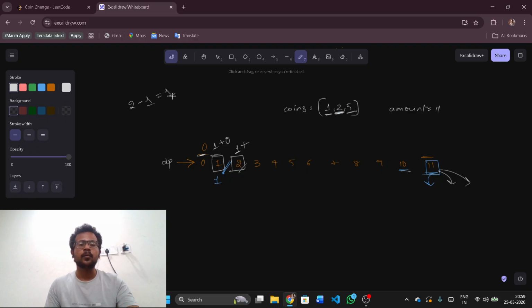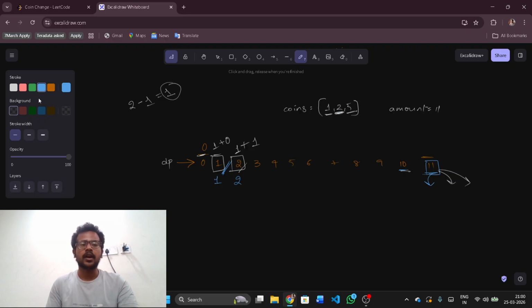What is the minimum number of coins needed to make 1? It's 1 itself. So 1 plus 1 is 2. I'm assuming 2 is the minimum number of coins needed to make 2.